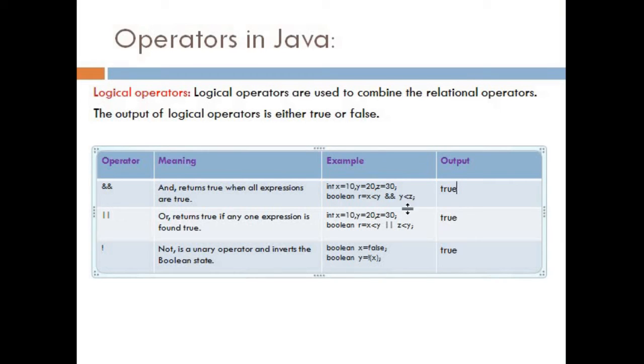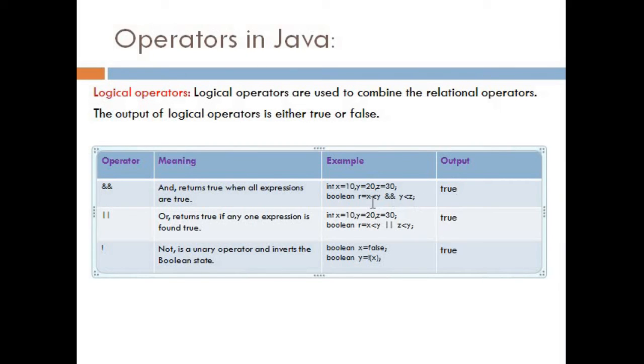Now see the second relational expression, y less than z. The value of y is 20 and the value of z is 30. So is 20 less than 30? Yes, it's true. So y less than z holds true. So r is equal to true and true. Now since both these expressions return true, the AND operator will also return true. This is because it has been said here that AND shall return true when all the expressions are true.